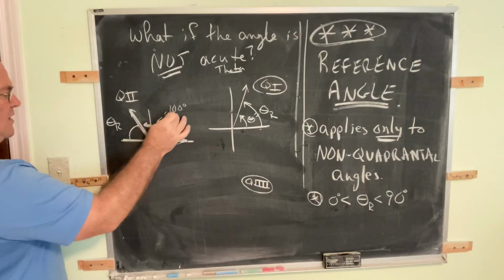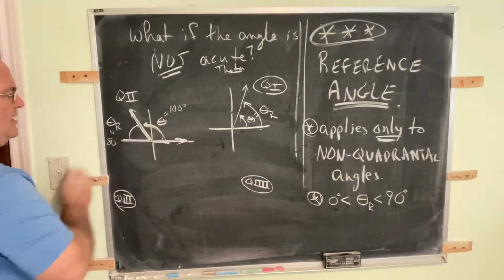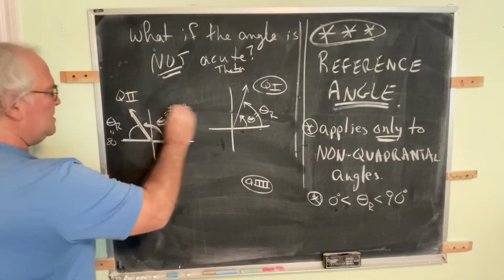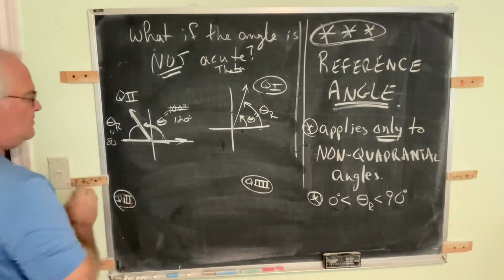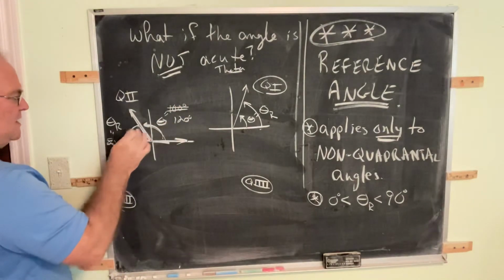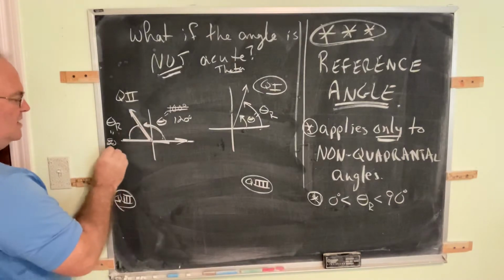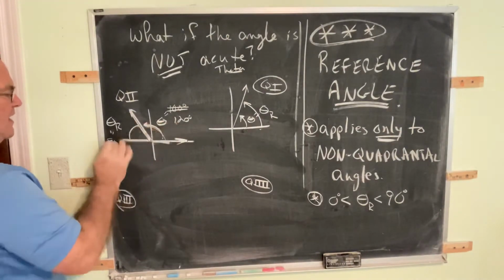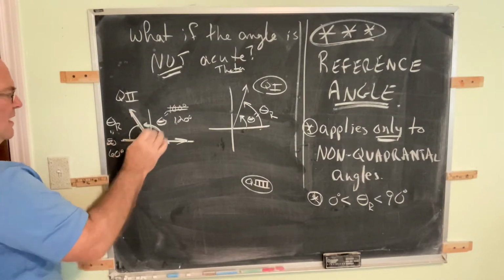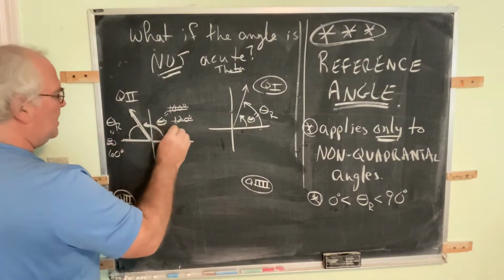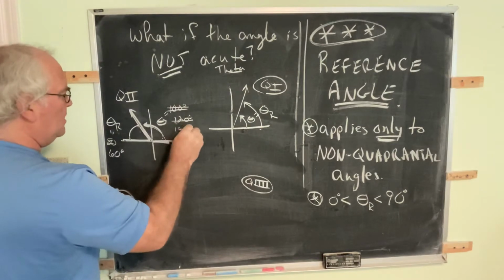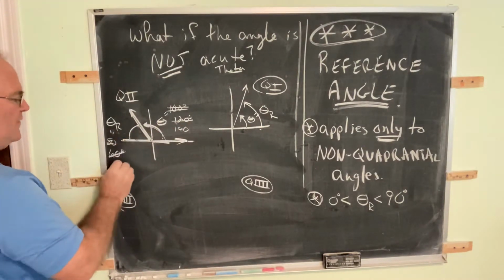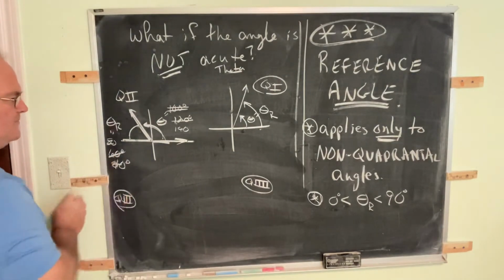If this is 100 degrees, then theta reference is 80 degrees. If this is 120 degrees, then theta reference is whatever is the supplement, that is 60 degrees. Notice what I'm doing. I'm taking 180 minus theta. And so if theta is 140 degrees, theta reference would be 40 degrees.